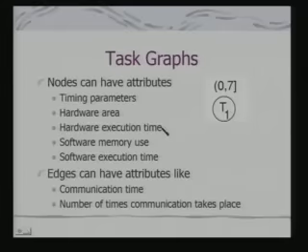Then hardware execution time. If we are mapping into software, we can estimate what will be the memory requirement by this node. Okay. Then what will be the software execution time? The software execution time will come from architecture mapping, that means, depending on which processor you are using. Okay.